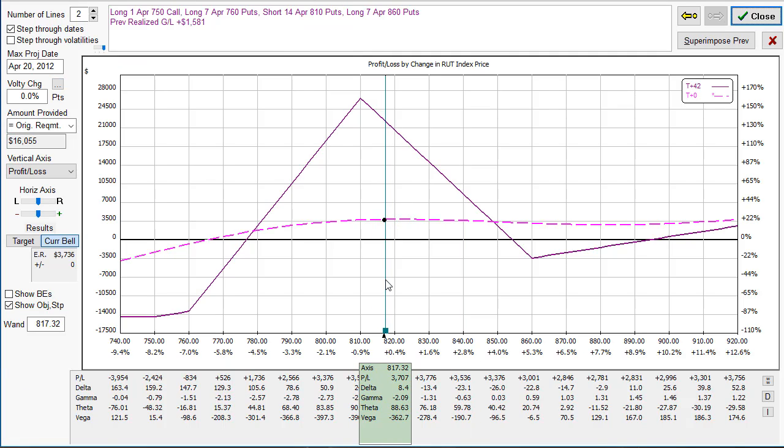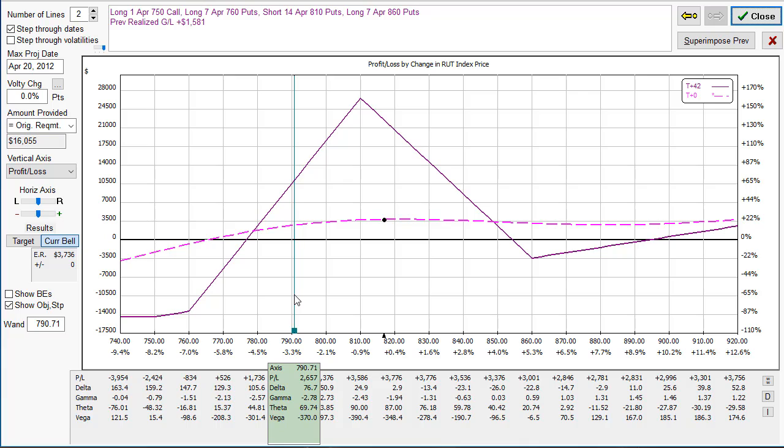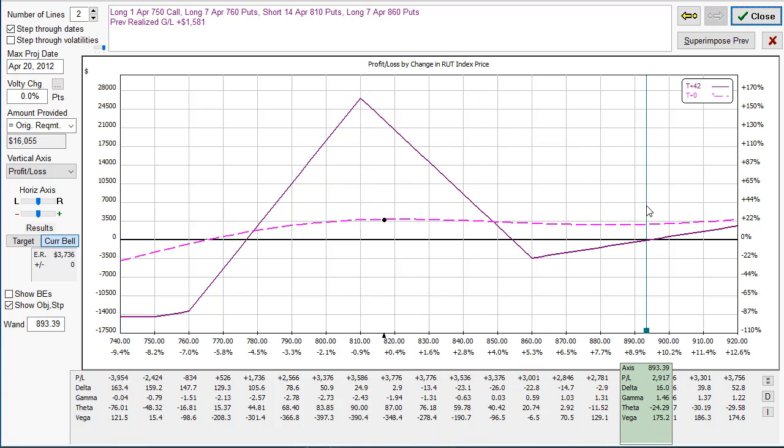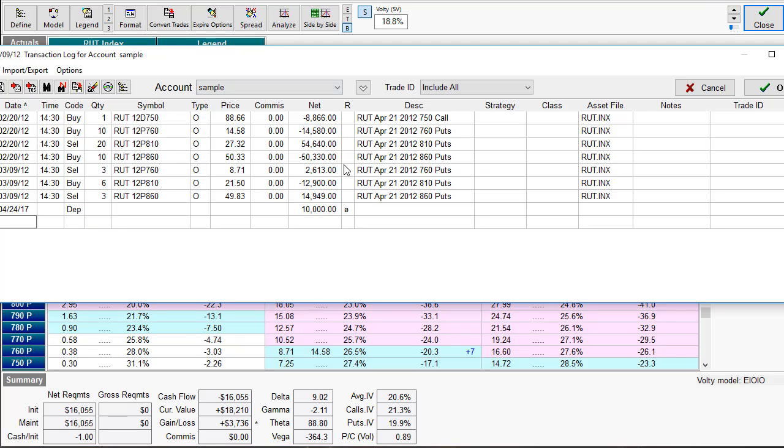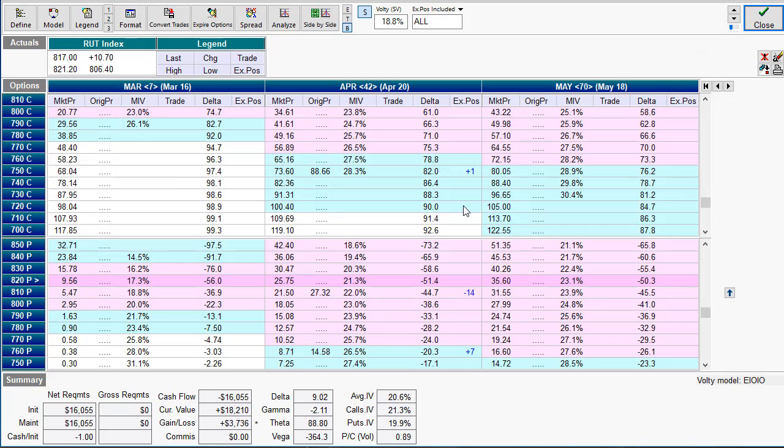Now, my $2,500 that I'm going to protect, I can still hit it about here, 790, a little bit higher than 785. But now, look at that. I've got that locked in, baby, all the way up to the upside. And you begin doing that, and that's one way to protect and preserve the profits if you're not ready to just close it up at your take profit level.